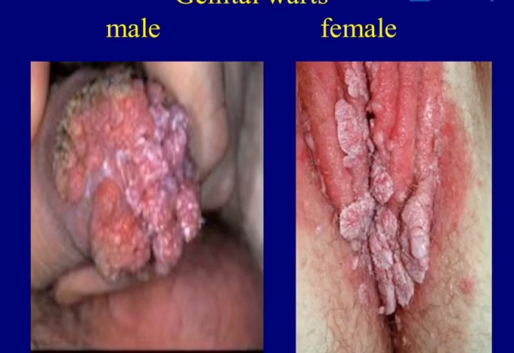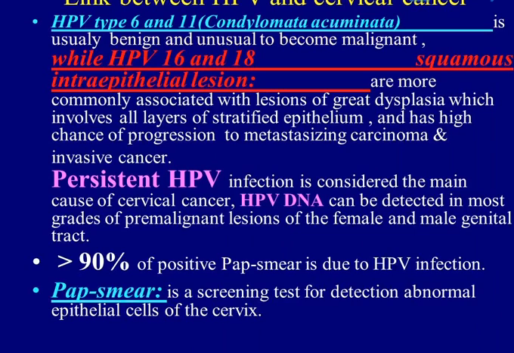Link between HPV and cervical cancer. HPV types 6 and 11 cause condylomata acuminata, which is usually benign and unusual to become malignant, while HPV 16 and 18 squamous intraepithelial lesions are more commonly associated with lesions of great dysplasia, which involves all layers of stratified epithelium, and has a high chance of progression to metastasizing carcinoma and invasive cancer.